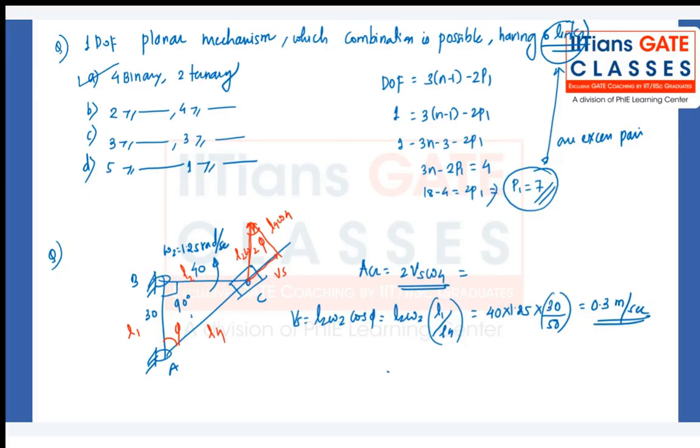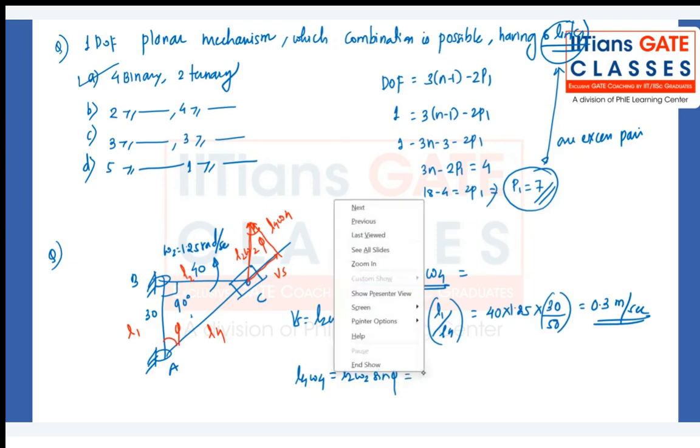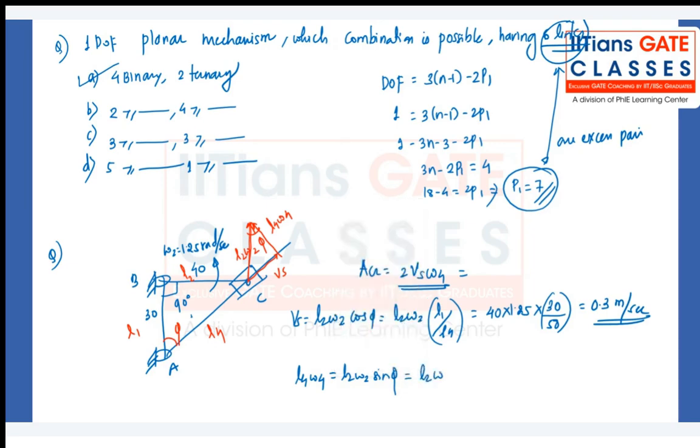Now you want omega 4. So what is L4 omega 4? It is L2 omega 2 sine of phi, correct? It will be L2 omega 2 times L2 by L4, because sine is perpendicular divided by hypotenuse.